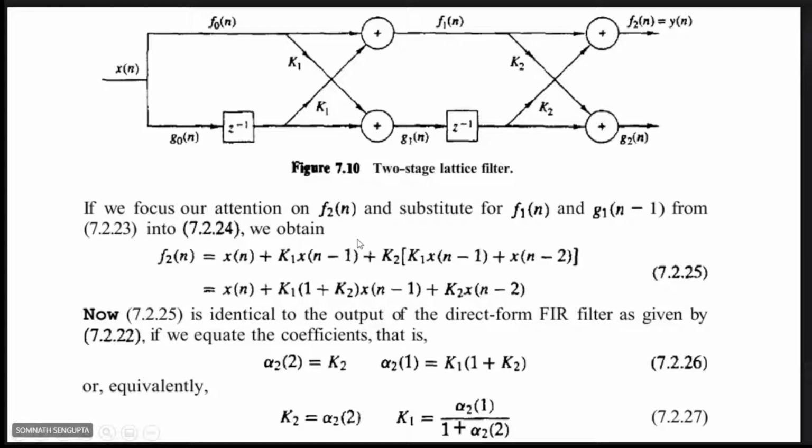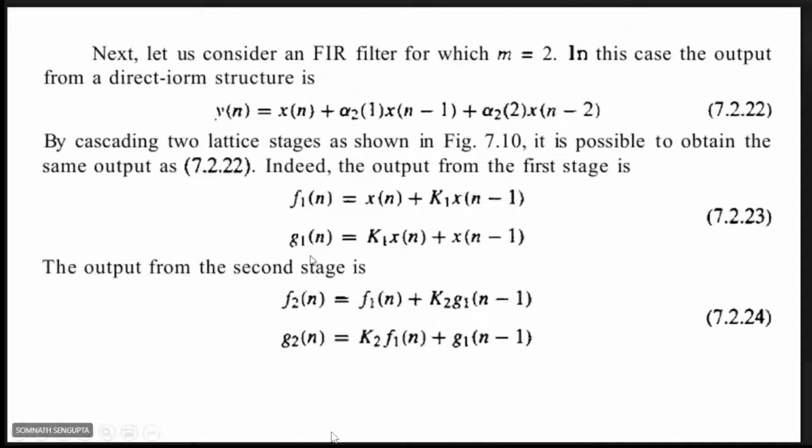So here we can write in this expression F2n, in place of F1n you write this expression xn plus k1 xn minus 1, okay, plus k2 into G1n minus 1. G1n minus 1 is given, this G1 is given.